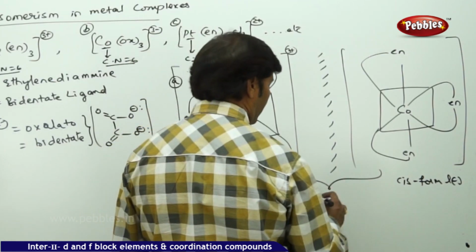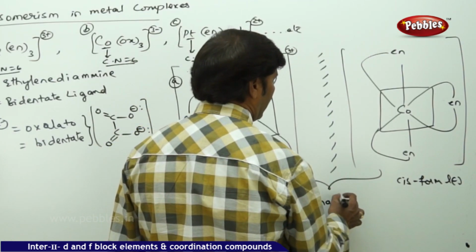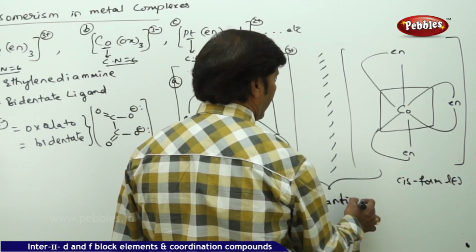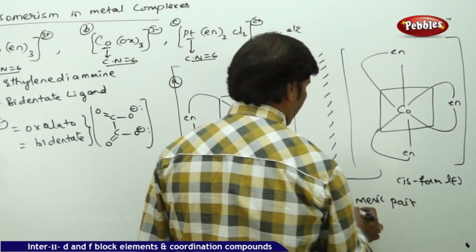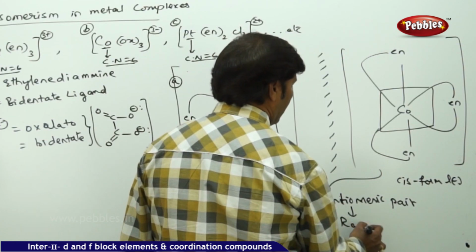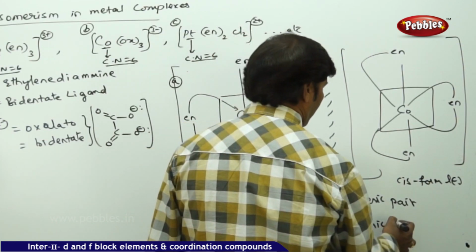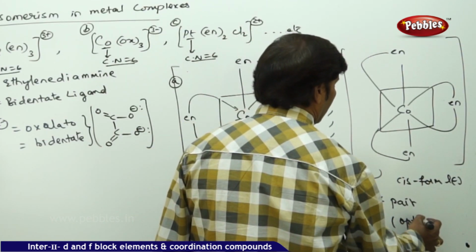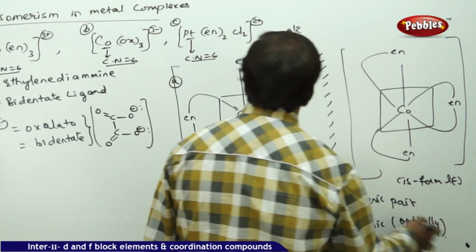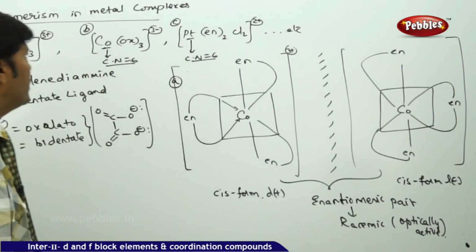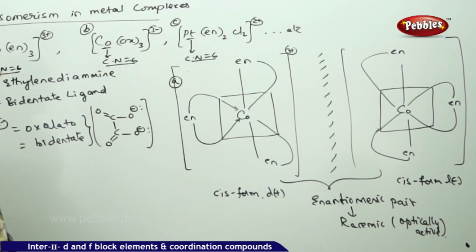So both of these become an enantiomeric pair, and they can become racemic, and finally they can become optically active. So in this way we can prove the optical isomerism in the rest of the two cases also.